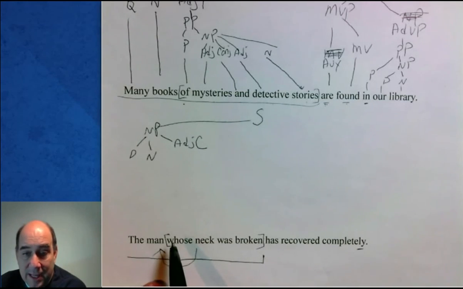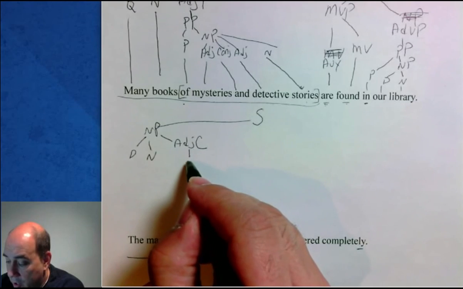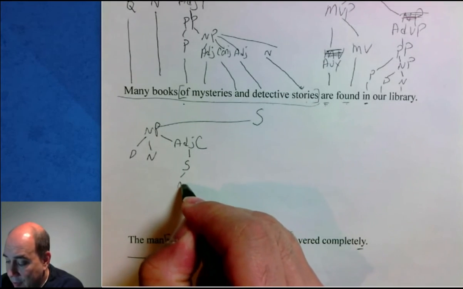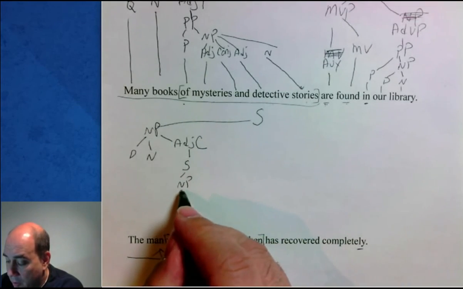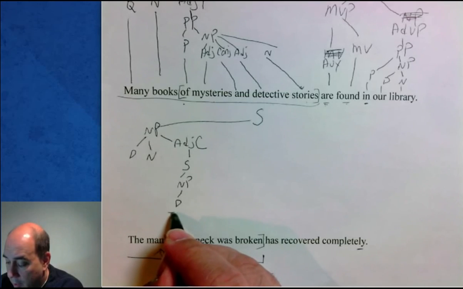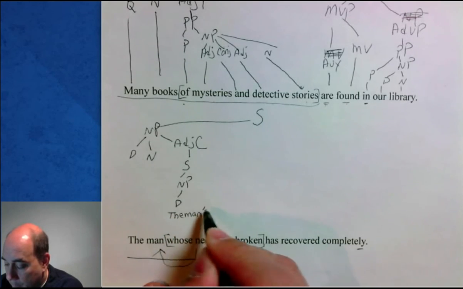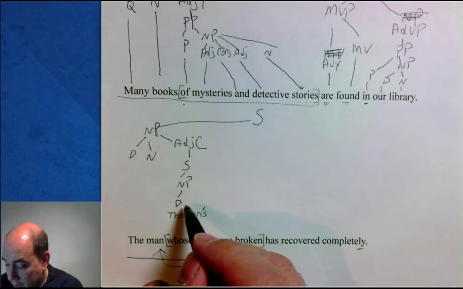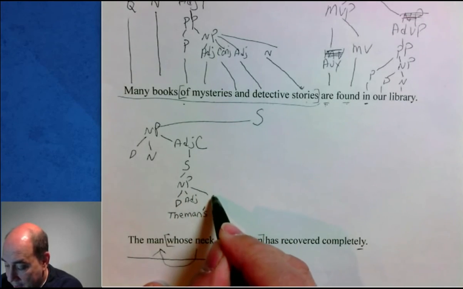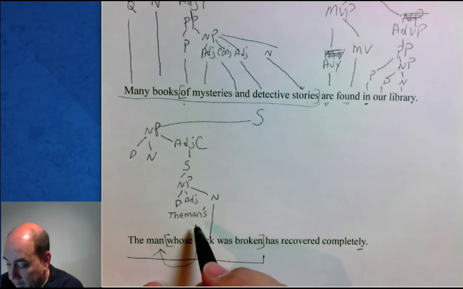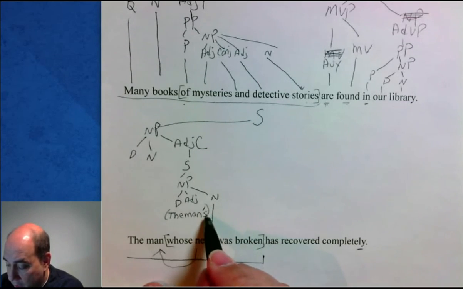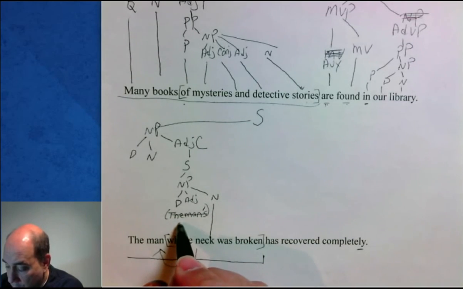I can break this down: we're going to call it a sentence, and we've got a noun phrase. What's the noun phrase? Well, we've got a determiner, the man's. That's actually a determiner and an adjective, and the noun, neck. Now the man's we can reduce to the word whose.